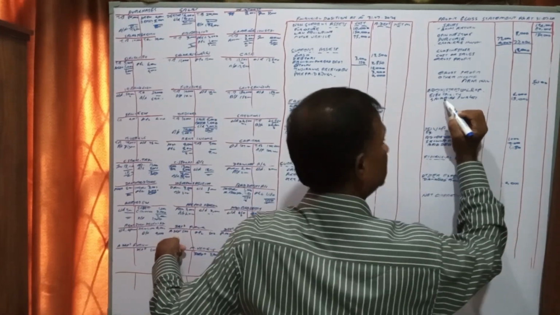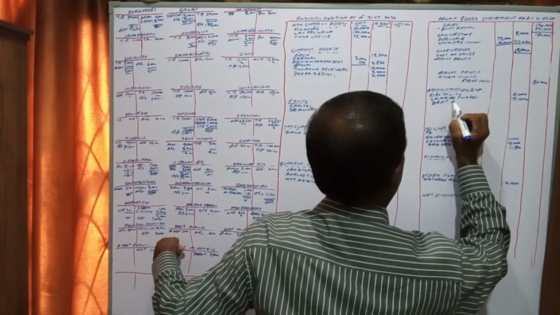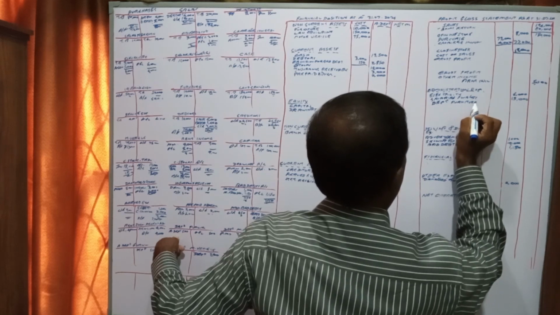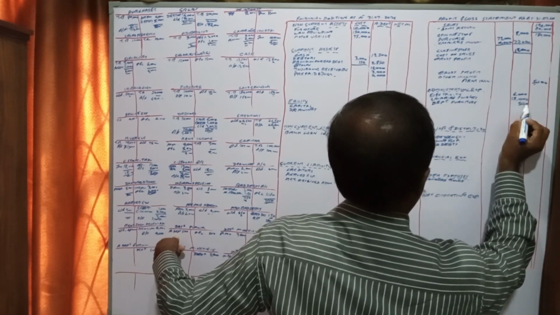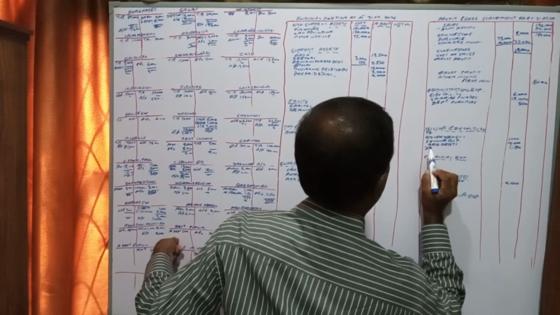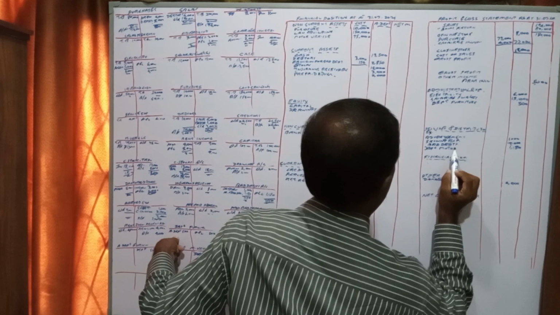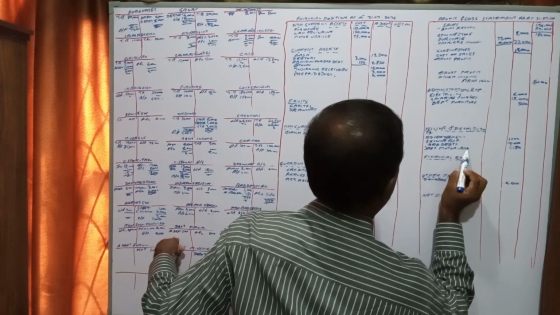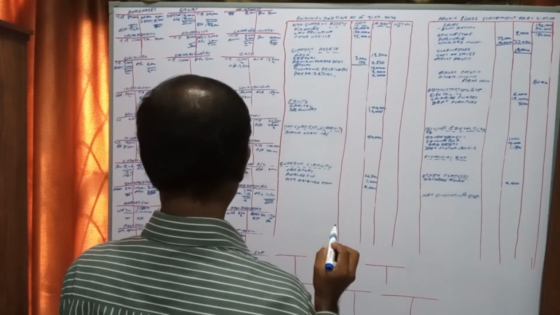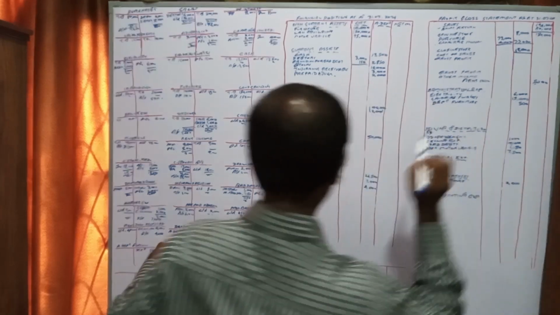Furniture depreciation under the administration expenses, 500. Next one is depreciation of motor vehicle, that is coming under the selling and distribution, 7,500.